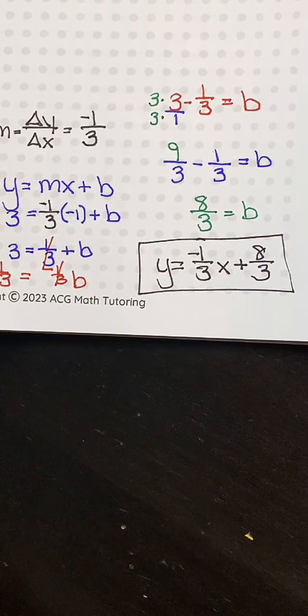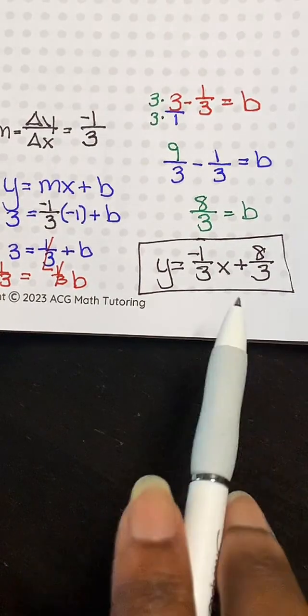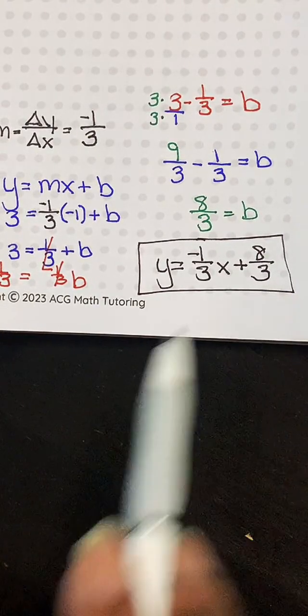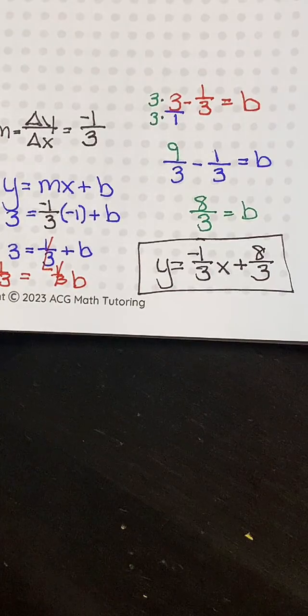So it all depends on what is happening in the answer choices. But majority of the time, I usually like to keep it as a fraction. I know it's an improper fraction, but hey, that's okay. You don't have to turn it into a mixed number. I know we're obsessed with mixed numbers because it's been engraved in our head to do that, but you don't have to, okay?